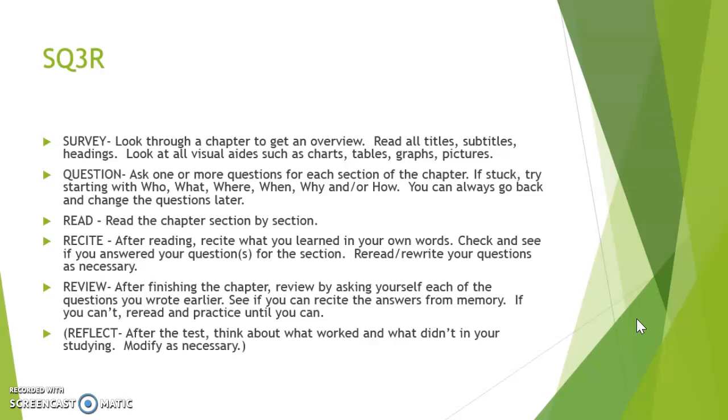And after reading that section, I'm going to try to R, the second R, recite. Or in other words, explain what I learned in my own words. So I'm going to put it in my own way and explain how I learn according to the textbook, according to what I just read.